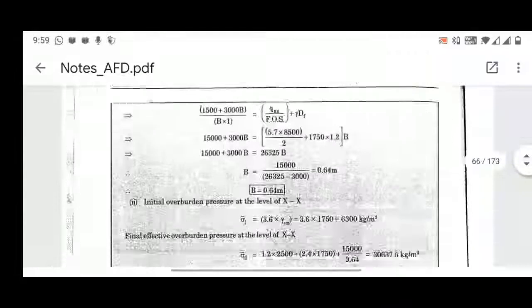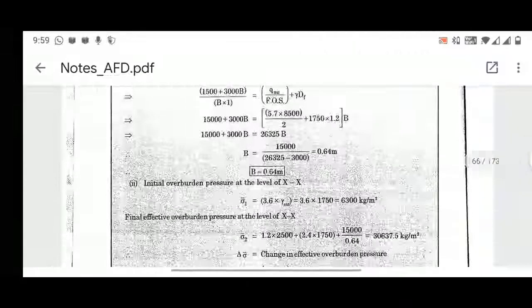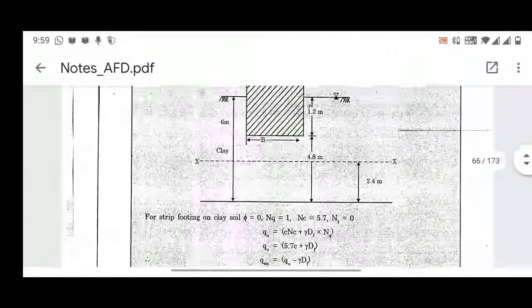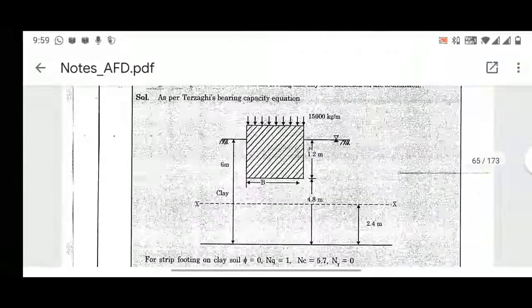Now, for finding out the settlement, we have to find the effective stress at that particular level, or we can call it the initial overburden pressure at the level of X6. So, what will the initial overburden pressure be? It will be 2.4 plus 1.2, that is the depth, so 3.6.